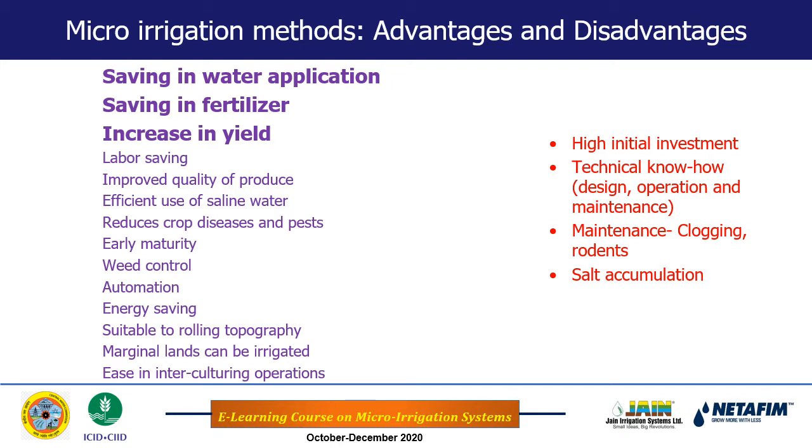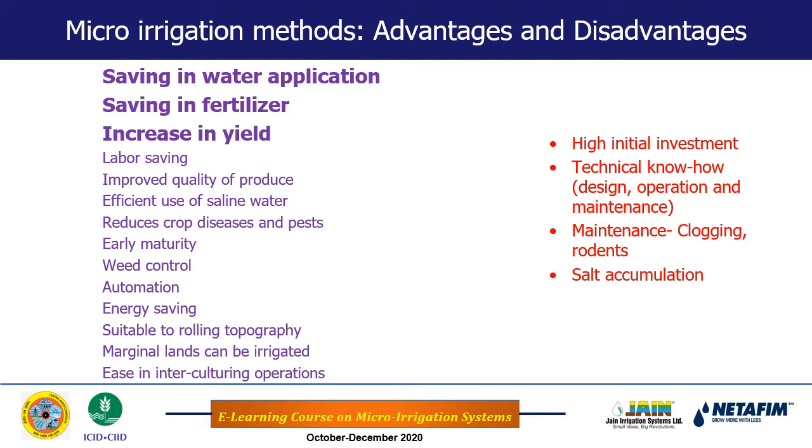Then, improved quality of produce. This is one important benefit of the micro irrigation method, which is largely ignored actually. Again, this is associated with the fact that we can maintain the moisture level in the root zone at the desired level, and at the same time we can apply the nutrients into the root zone of the crop at the desired level.